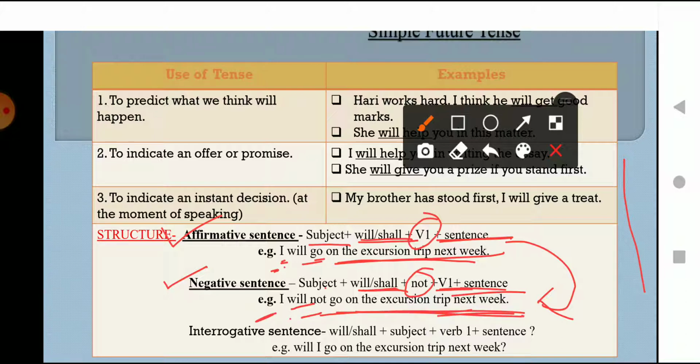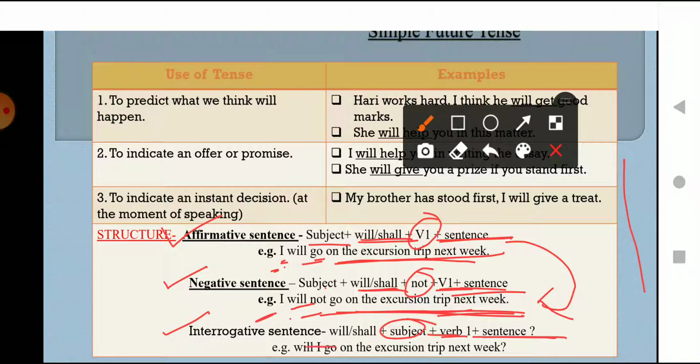Now let's talk about interrogative sentences. For interrogative sentences, we first take will or shall, then the subject plus the first form of the verb and the remaining part of the sentence with a question mark. Let's see an example.